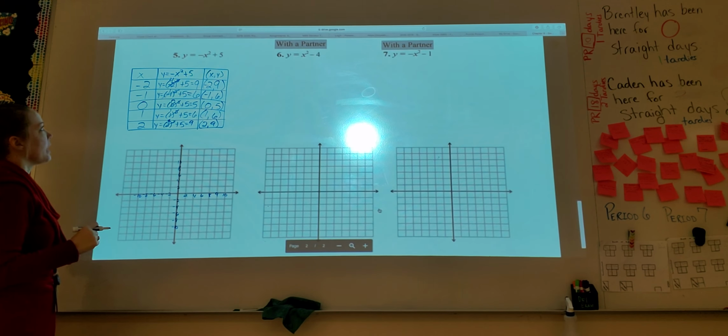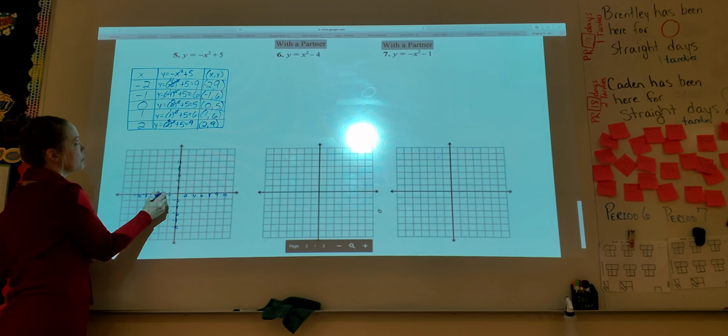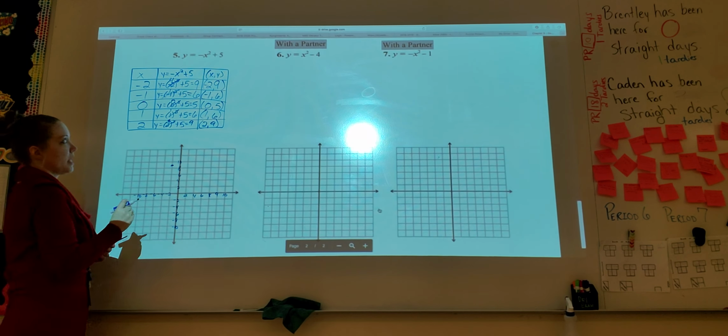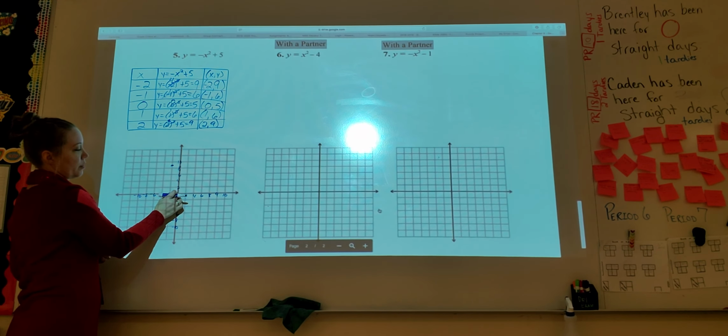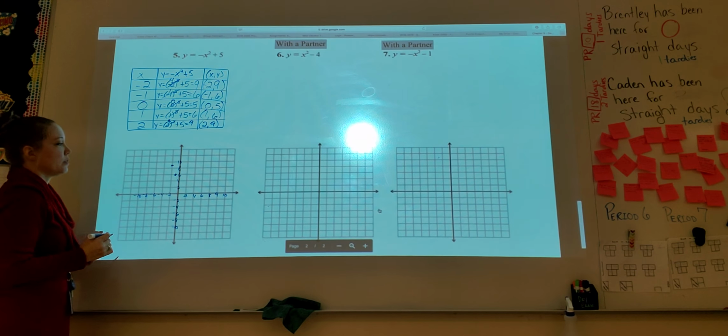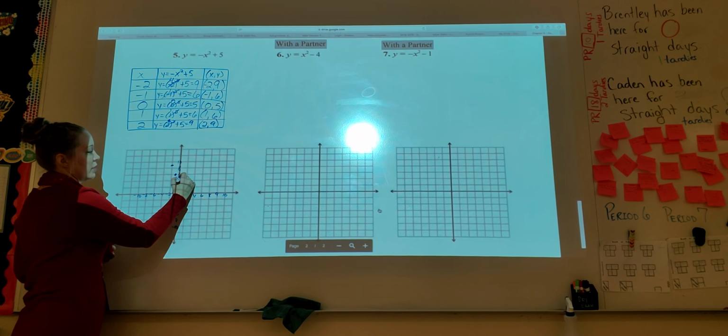I've got at -2, so my x is -2 and my y is 9, so that's going to be between the 8 and 10. So right there. And then I've got -1, so that's going to be between the 0 and -2, and 6. And then 0, 5, so that's going to be here.